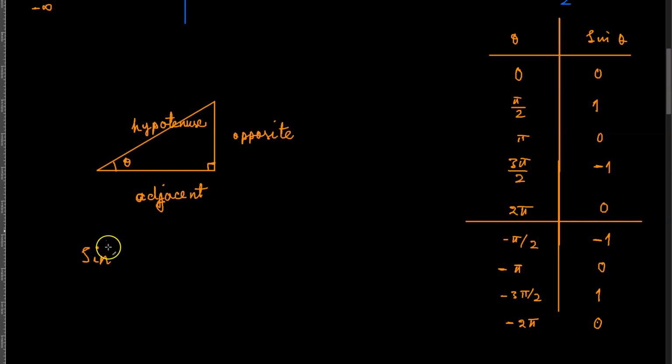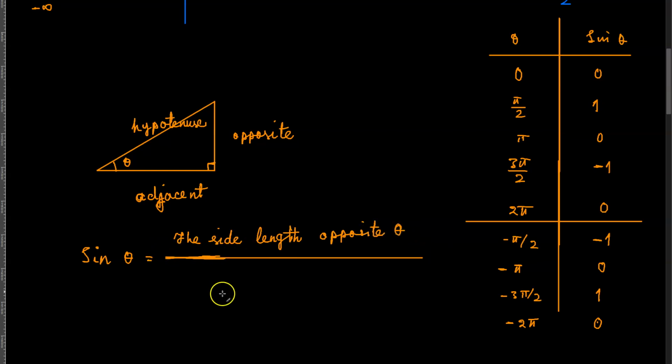Sine of theta is defined as the side length opposite theta, and then in the denominator of this fraction, you have the hypotenuse length.